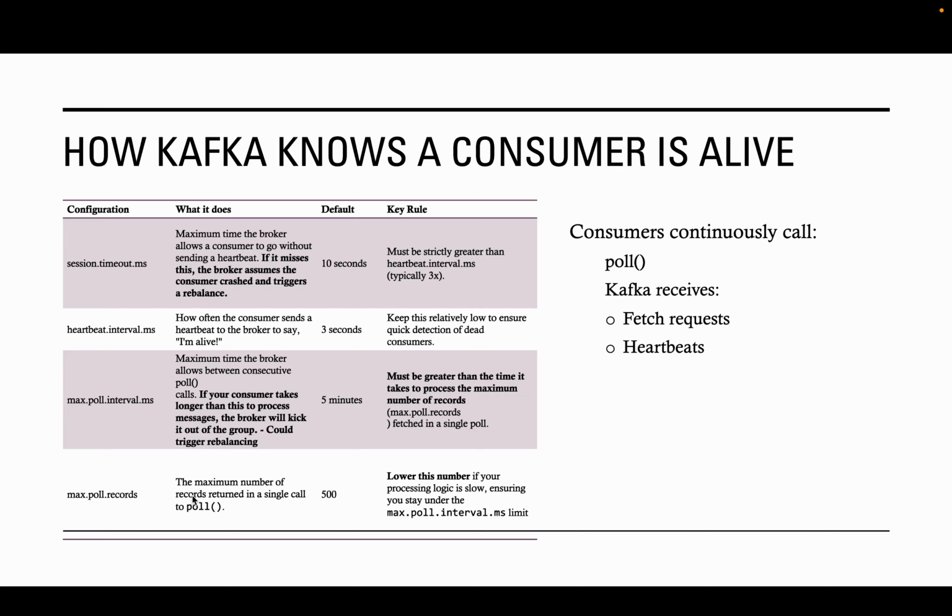Max poll records. What is the maximum number of records the consumer should get while polling? If you have a consumer whose processing is slow, then this should be a little low, else by default it is 500.